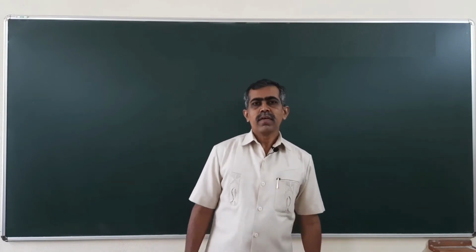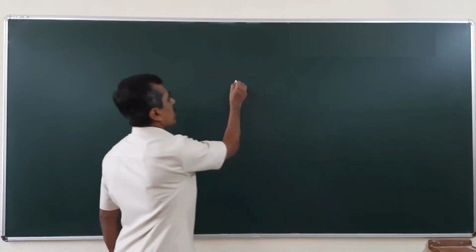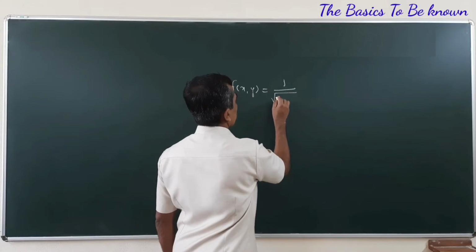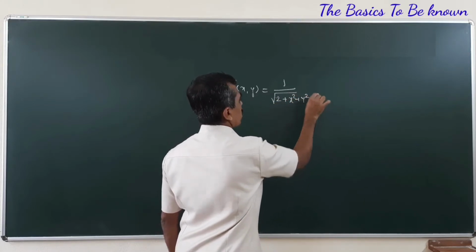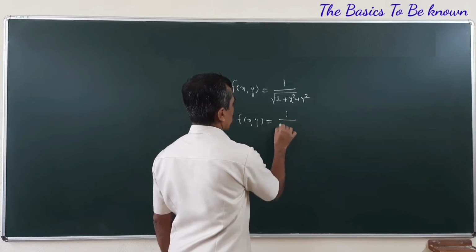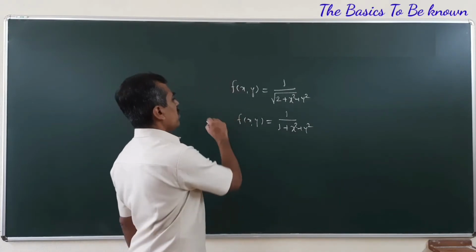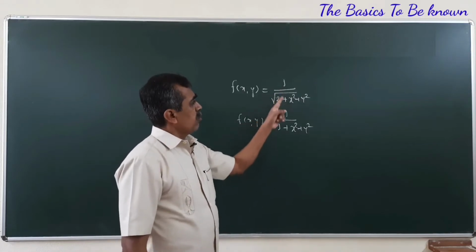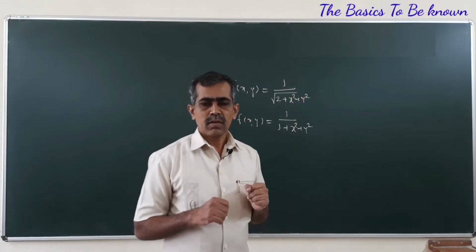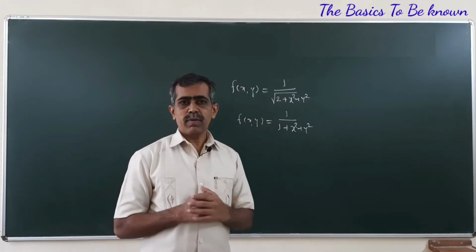Now see, if a given function is complicated, for example, f of xy is 1 upon under root 2 plus x square plus y square, or f of xy is 1 upon 1 plus x square plus y square, and you want to integrate this function over any region, then the domain on which the function is defined will give you the limits of integration.